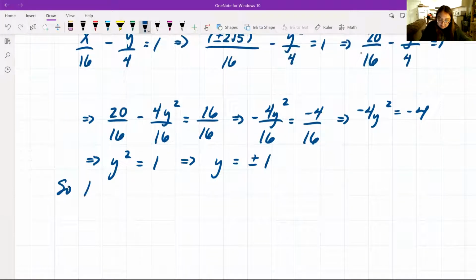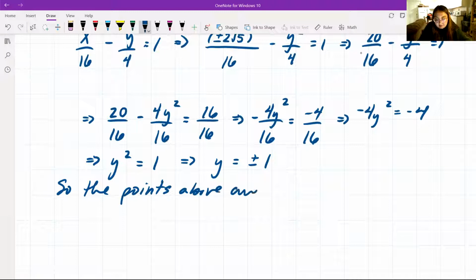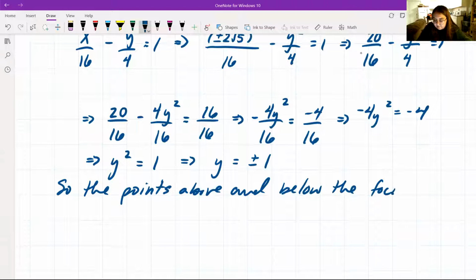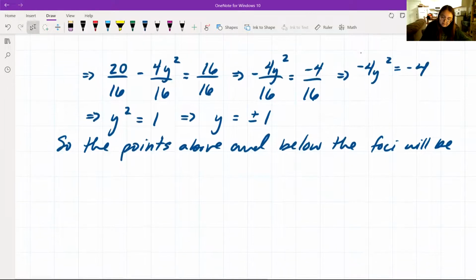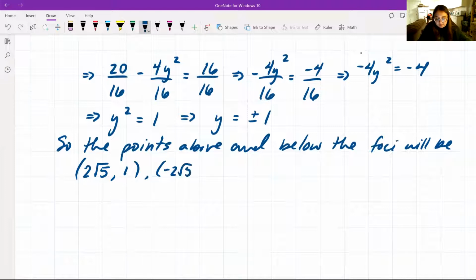So we get it. The points above and below the foci will have the x values of the foci. So we're going to have 2 times the square root of 5, positive 1. Negative 2 times the square root of 5, positive 1.